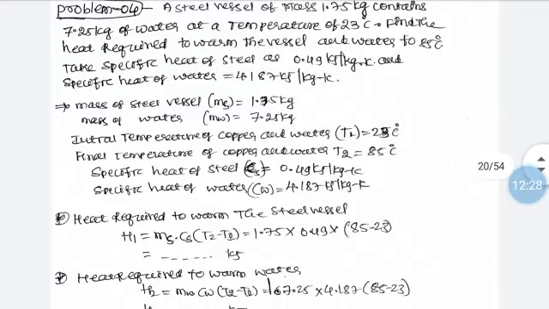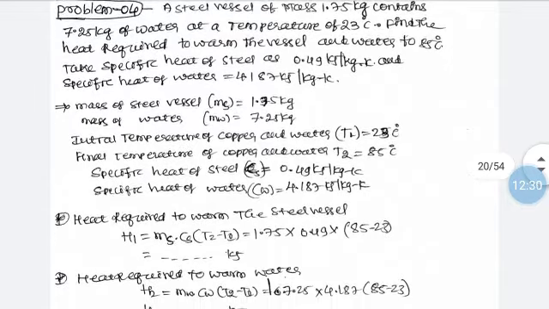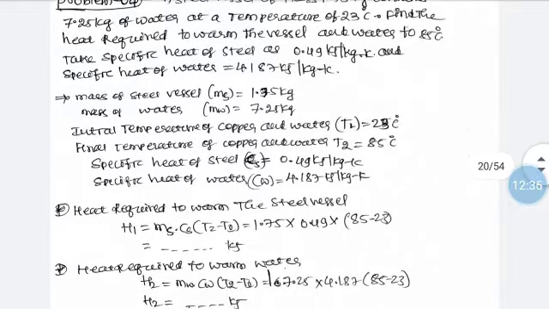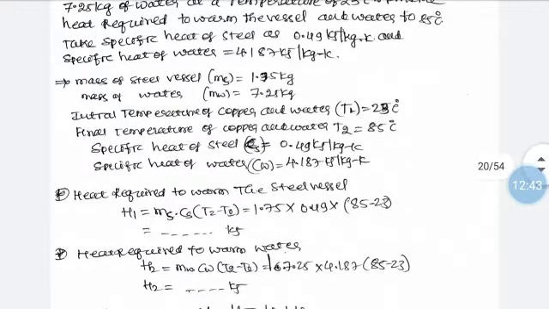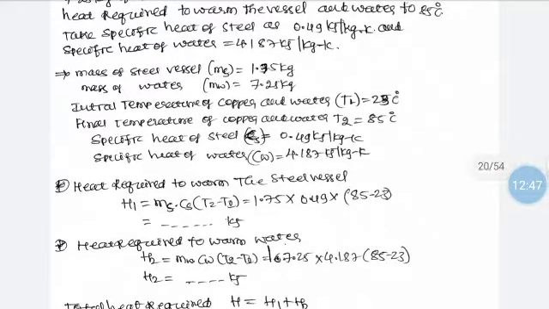Initial temperature of steel and water is T1 is equal to 23 degrees Celsius. Final temperature of steel and water, T2, is equal to 85 degrees Celsius. Specific heat of steel, Cs, is equal to 0.49 kilojoule per kg. Specific heat of water, Cw, is equal to 4.187.